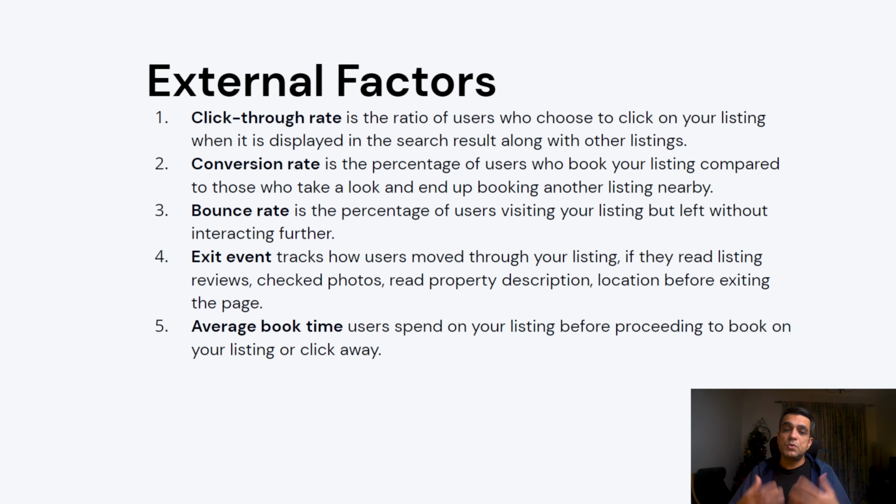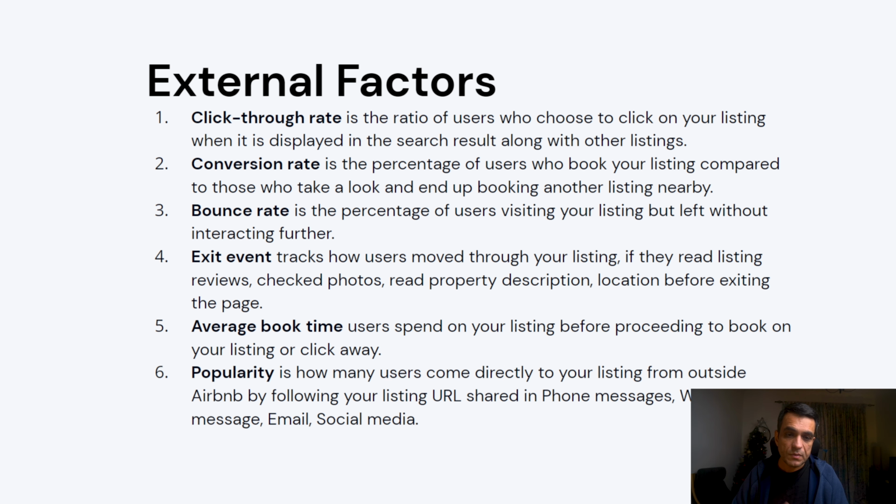Average book time is the time users spend on your listing before proceeding to book or clicking away. Someone opens your listing and then decides to book it, or they spend hours and hours reading a property and go out and book something else. That tells something to Airbnb.